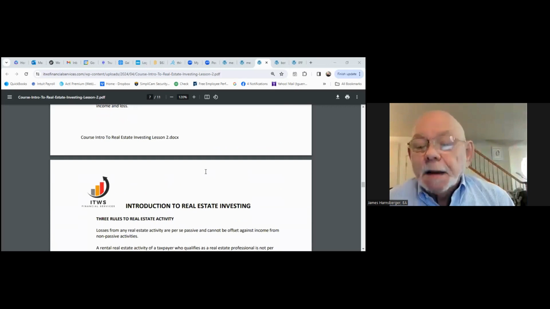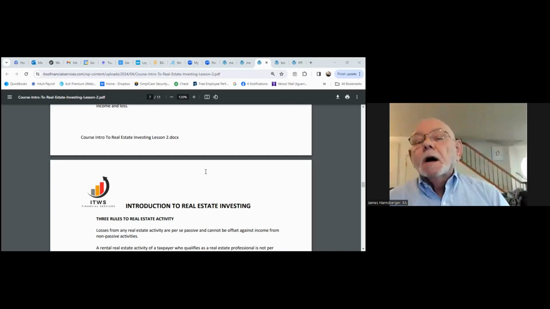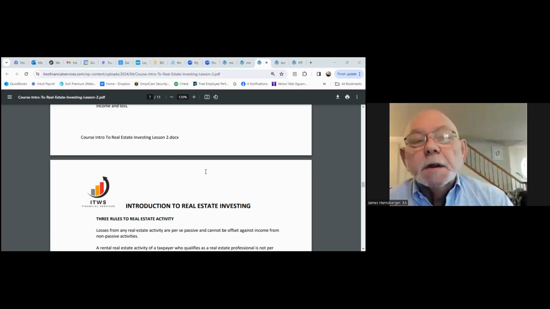And we're going to see a lot more real estate agents and real estate investors, particularly small investors, getting caught up in these new initiative audits or special focus exams.